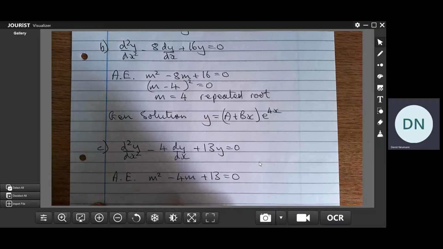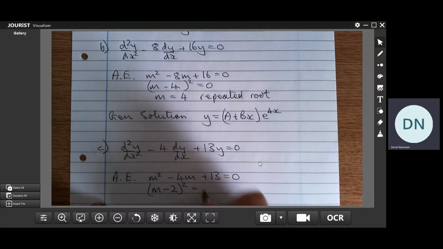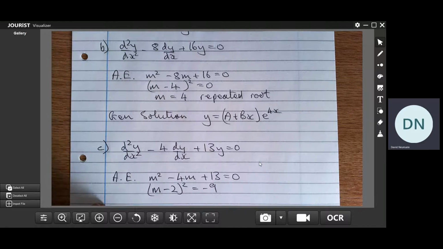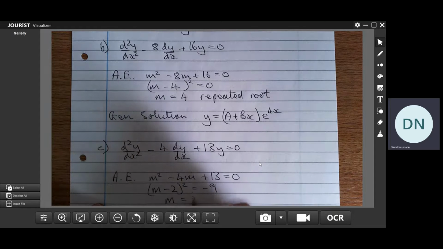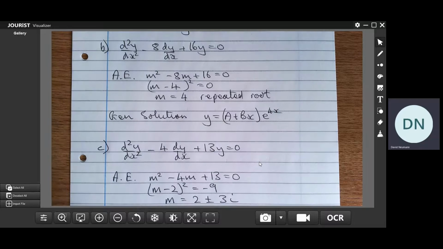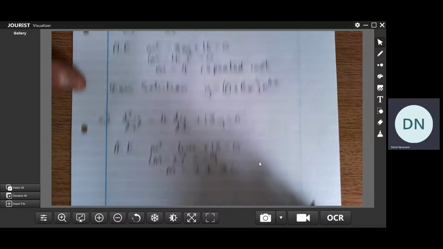If we complete the square on that, we get (m minus 2) all squared is equal to minus 9. So m is equal to 2 plus or minus 3i. So we've got a complex conjugate pair of roots there.